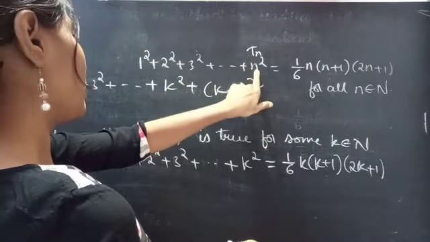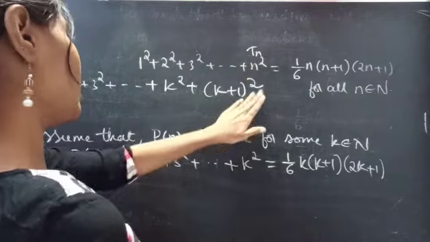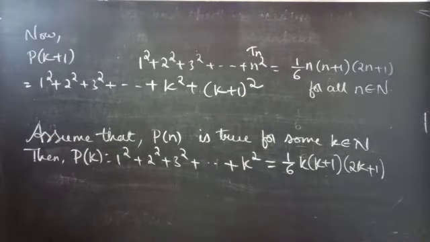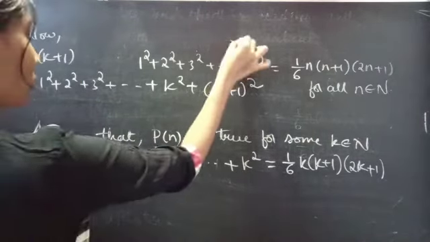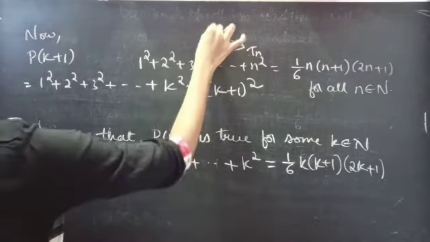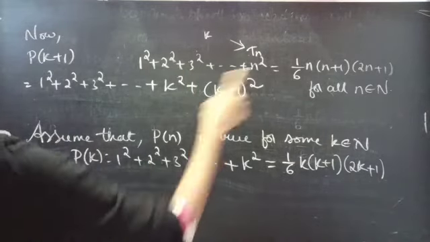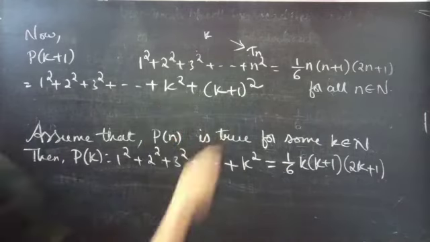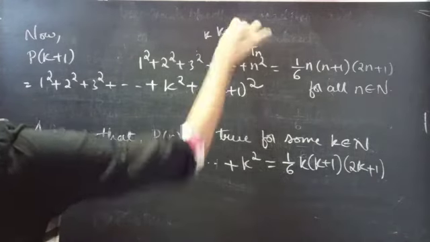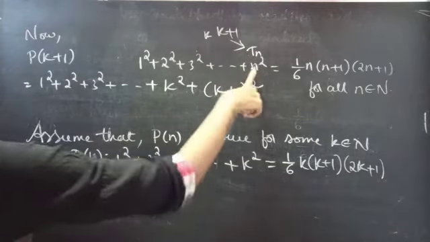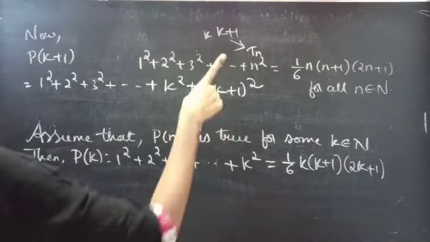By substituting n equals k in the nth term, you'll get the kth term. If you substitute k plus 1 in the nth term, you'll get the k plus 1th term.